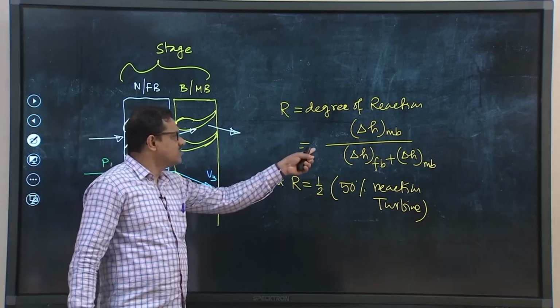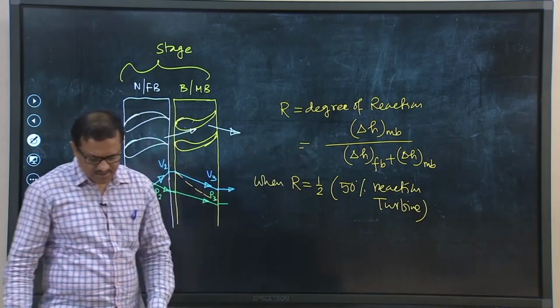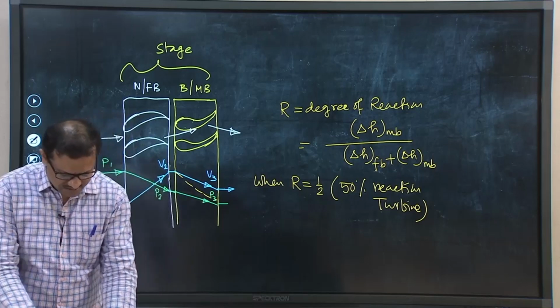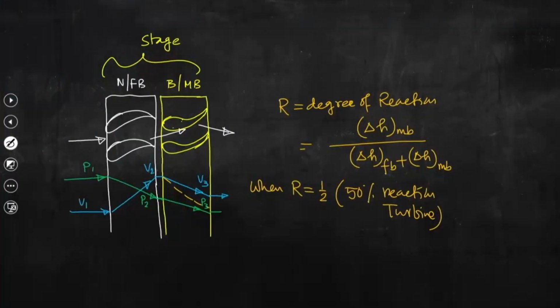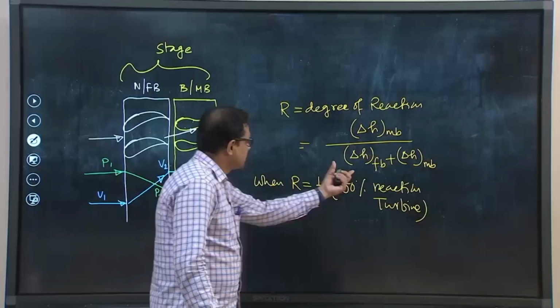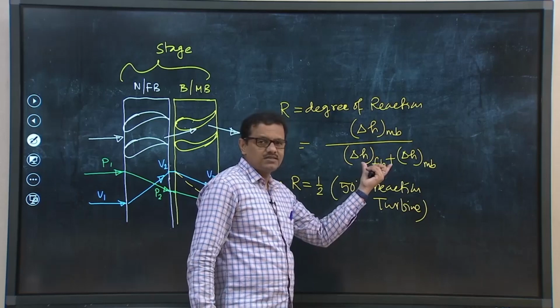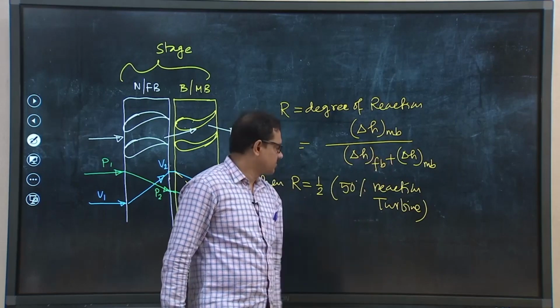When R equal to half, this is the 50% reaction turbine that we are discussing. And when R equal to 1, the enthalpy drop in the fixed blade is equal to 0, that means this is a purely reaction turbine.